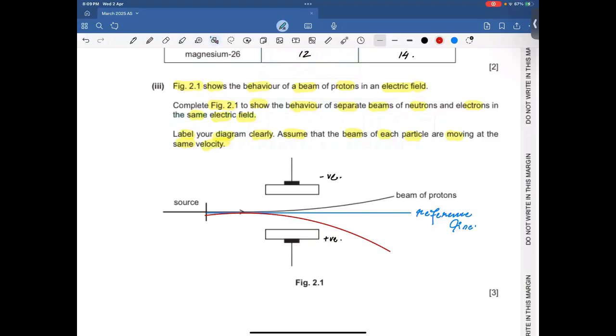It's not right, let me draw the accurate one. Much better. So this is the beam of electrons. How about the neutrons? Neutrons are neutral. They will not deflect, which means this is not the reference line. This is the beam of neutrons.